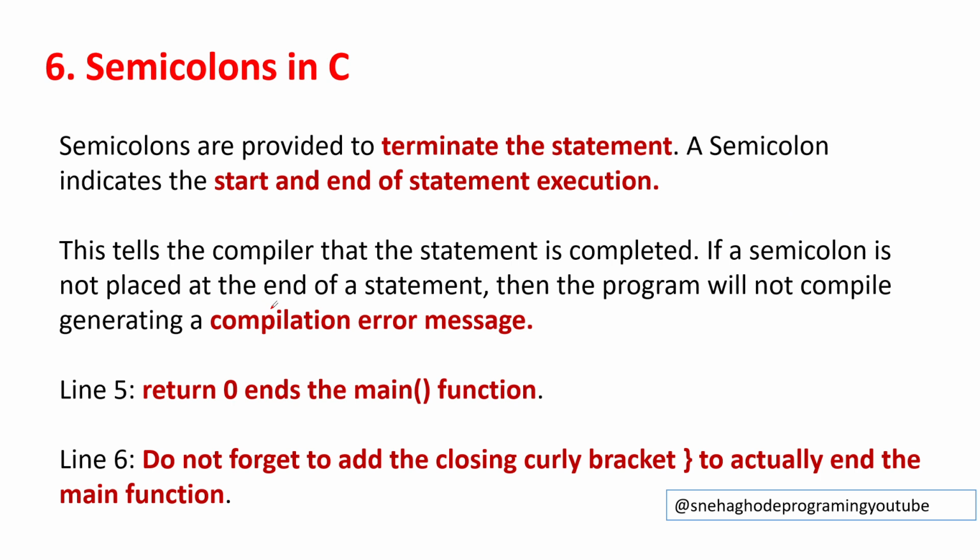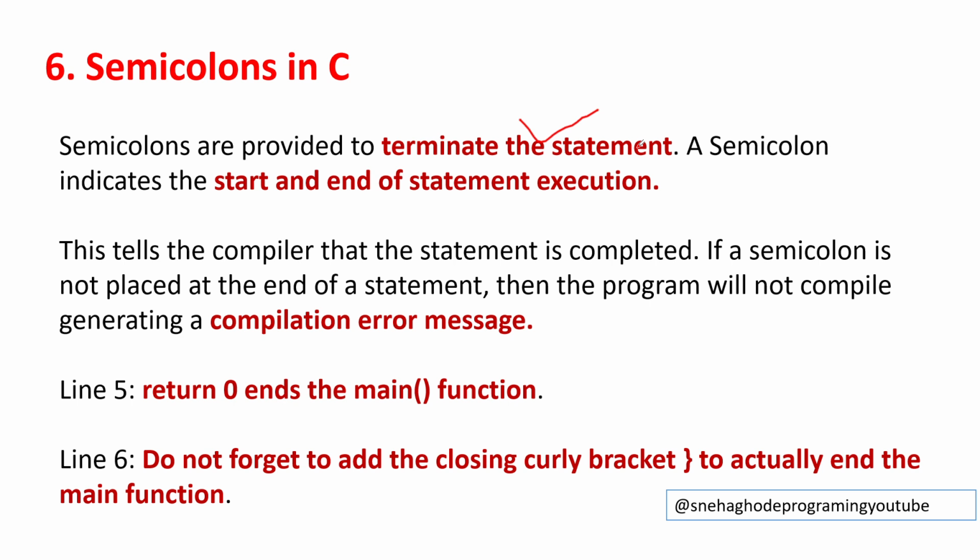Then after that, semicolon in C. Semicolons are provided to terminate statements, right? So here our statement is going to be terminated. No further statement or instruction is written in that particular line. I'm talking about the line, I'm not talking about the full program.